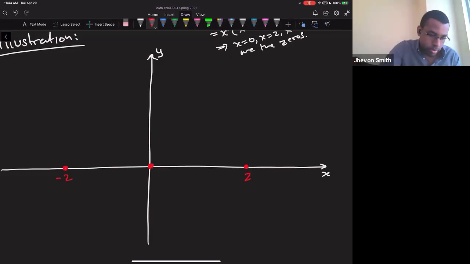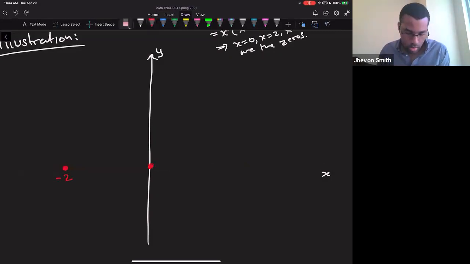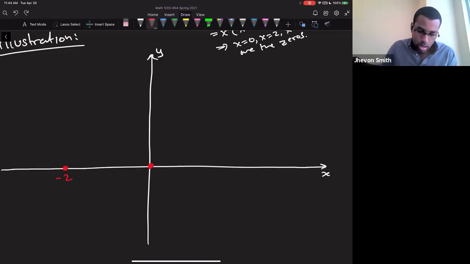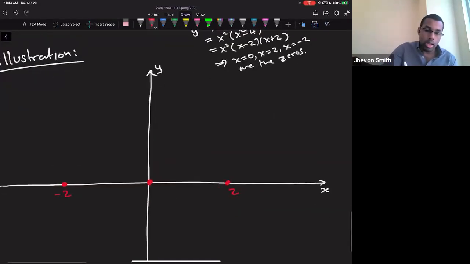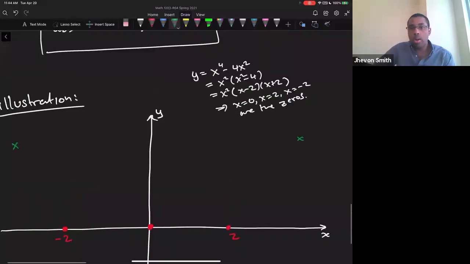It should be somewhat symmetric. From end behavior, this is a polynomial with an even power, so both ends go up, because it has an even power and a positive leading coefficient.